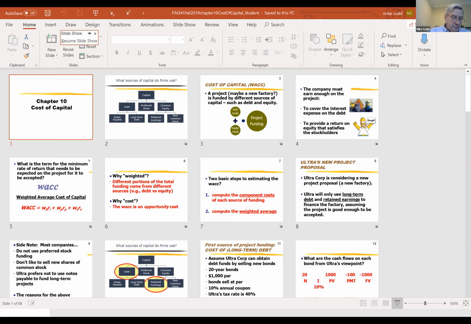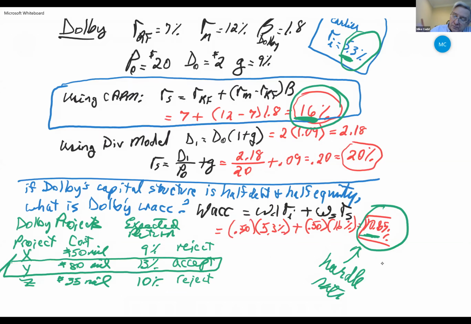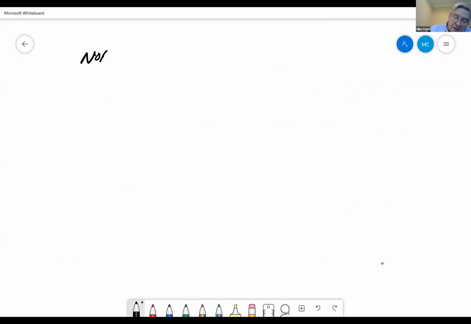I can't pull up the slide, but if I'm in the right spot, this is the one that starts with NOPAT, yes.